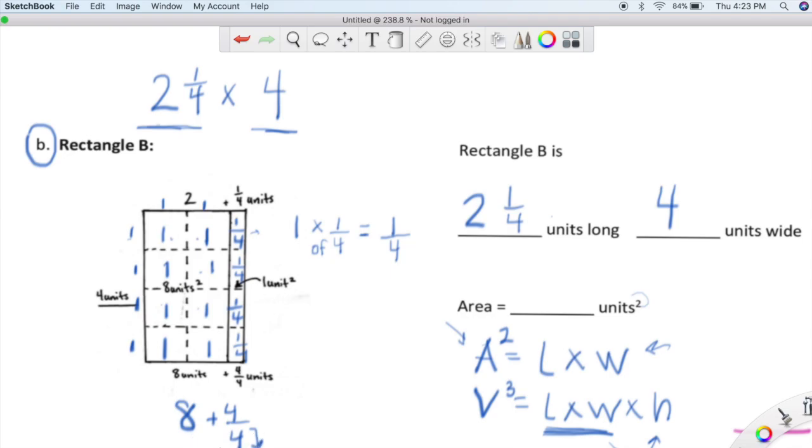So what we have is 8 plus 1. 8 plus 1 is 9. So 2 1/4 times 4 is equal to 9 units squared. Secret word is squared. Not cubed, squared. We are now in squared land because we're working with area.